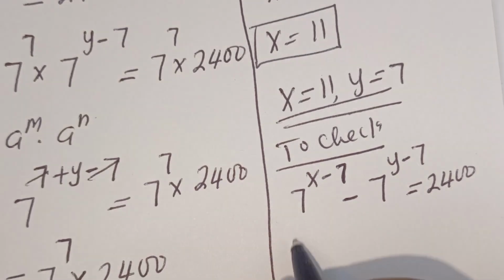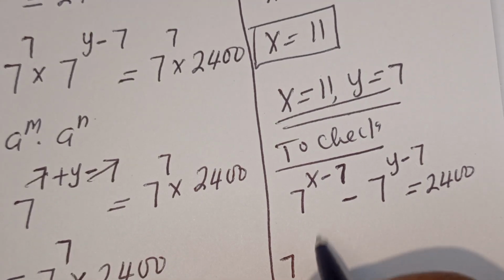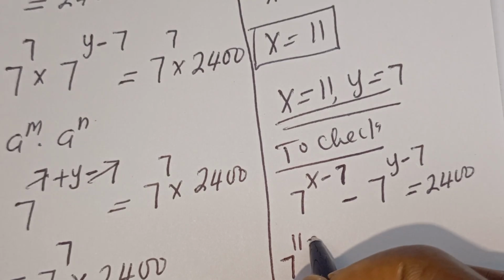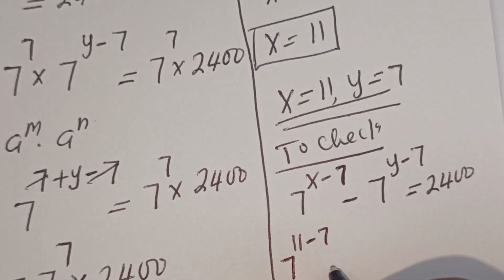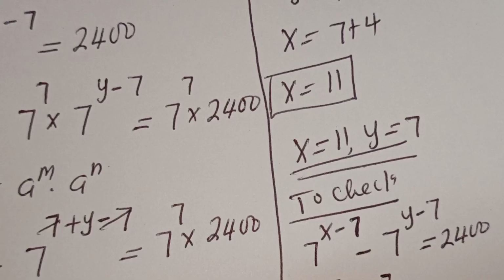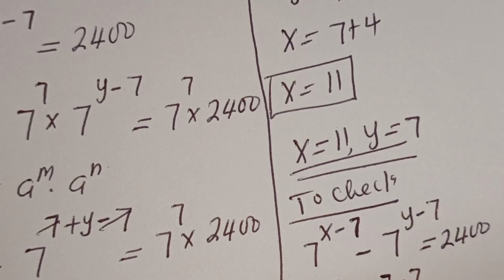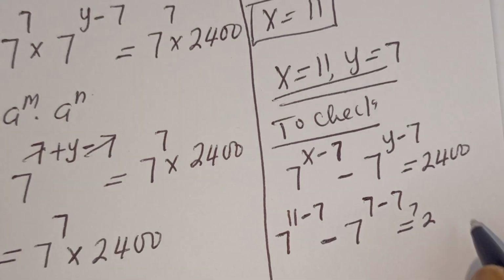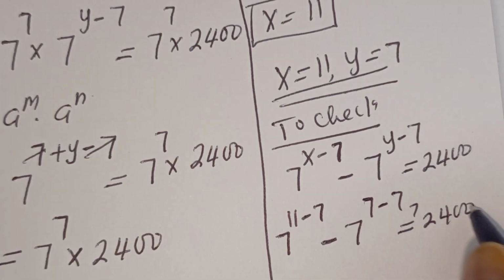Now let's see. This is 7 to the power of x, x is 11, minus 7, minus 7 to the power of y, y is 7, minus 7, must be equal to 2400.